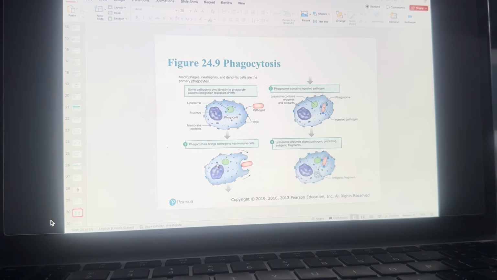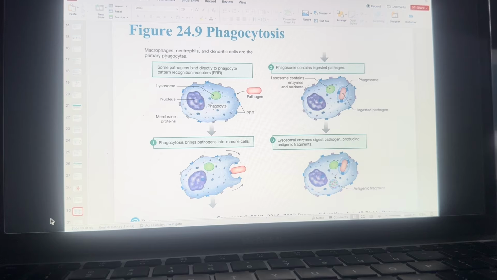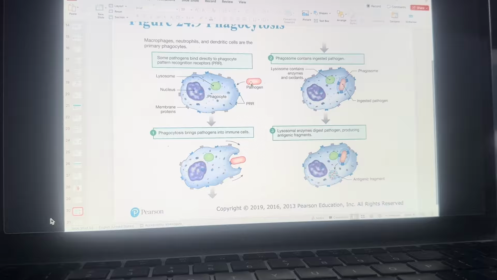And phagocytes, right? Phagocytes are a type of cell that can swallow things up. Some examples of phagocytes are macrophages, dendritic cells, neutrophils, right? They can swallow things up like bacteria, break them up, and mount the pieces of the bacteria on the surface of their cells. So they become antigen presenting cells, right?